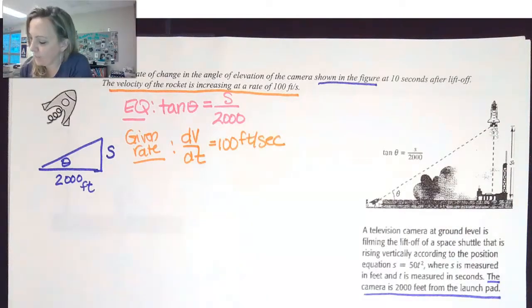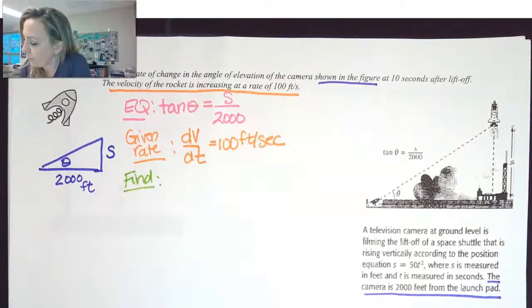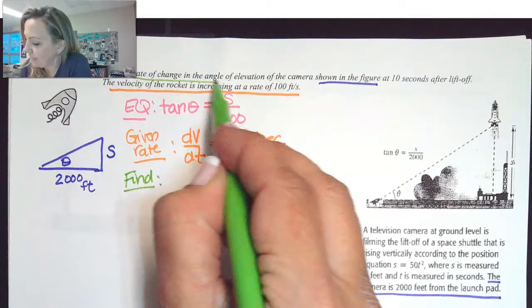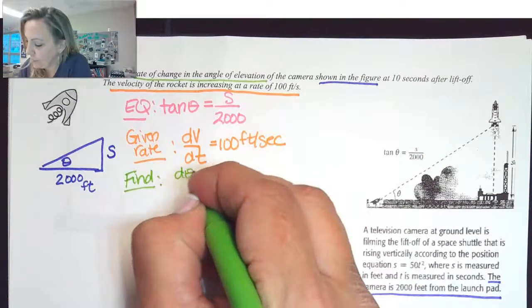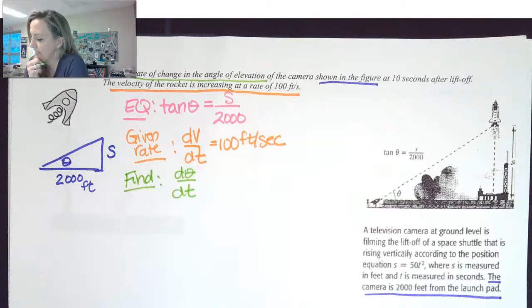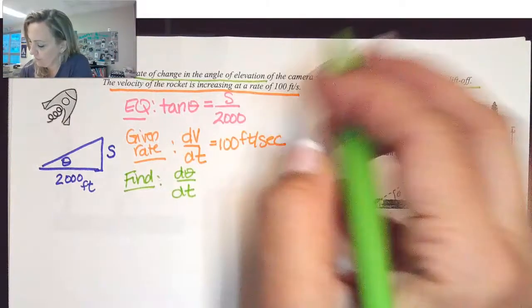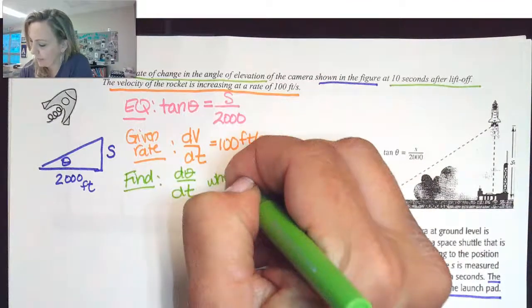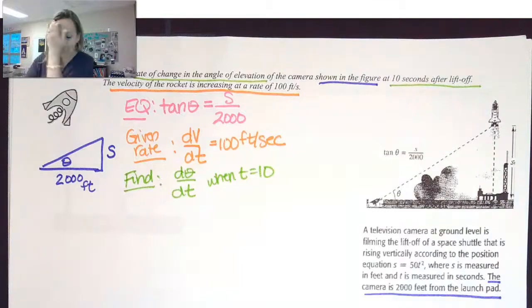And then they want us to find the rate of change in the angle of elevation, which I call theta. So I'm going to find d theta dt, and it says 10 seconds after liftoff, so when t equals 10. That's the information that I have in the problem.